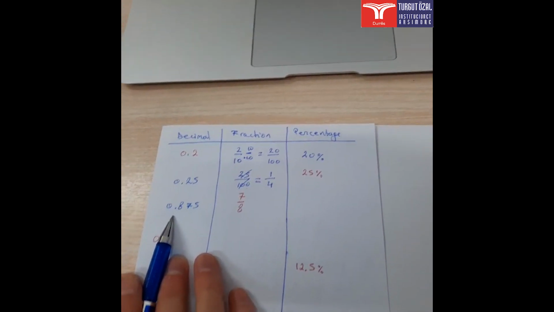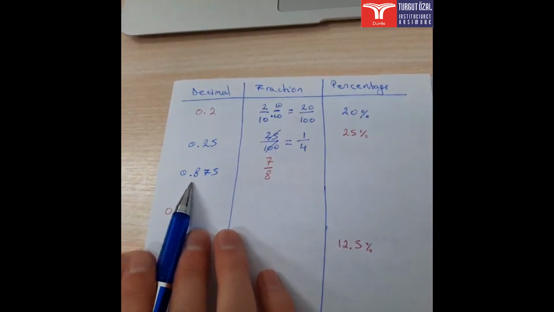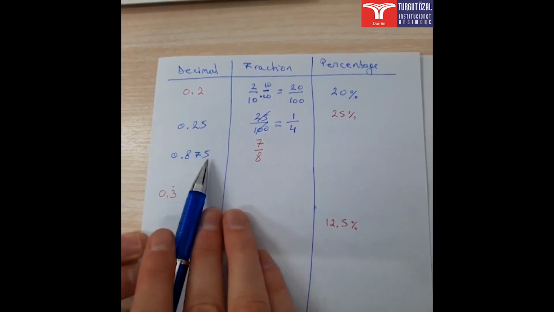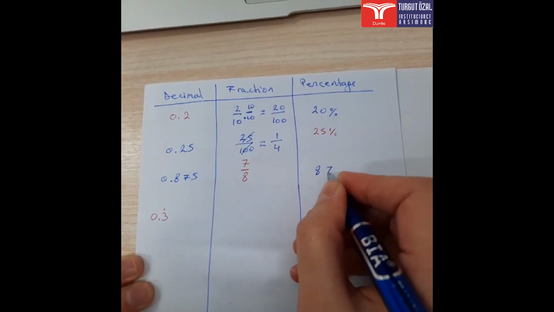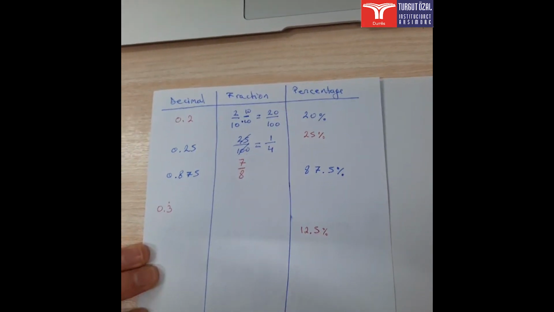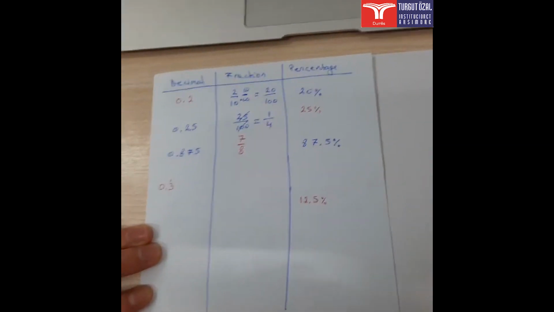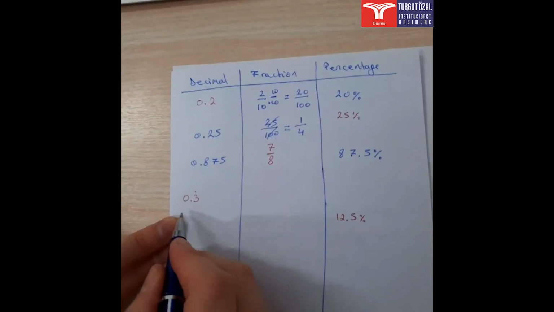And to convert this one to a percentage, you have to multiply with 100. So 0.875 times 100 will be 87.5%.